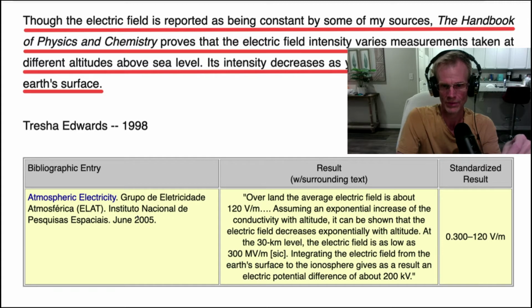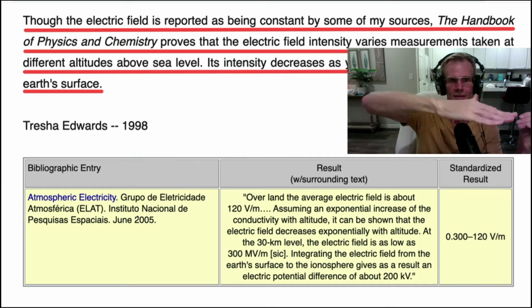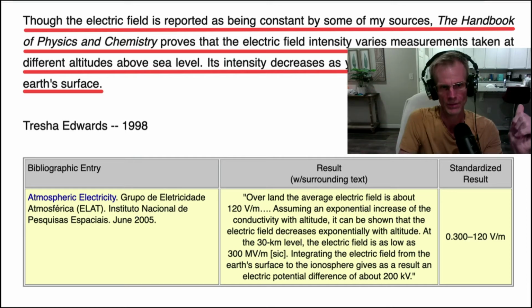So you integrate the electric field from the Earth's surface to the ionosphere, which gives a result, and then you talk about the electrical potential difference. It's really dropping off to a very, very small level, and whether it's 30 kilometers or 50 kilometers, the point is that when you get up there, it's getting very, very small. So again, gravity doesn't fall off nearly at that level.